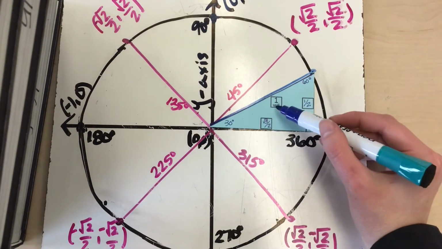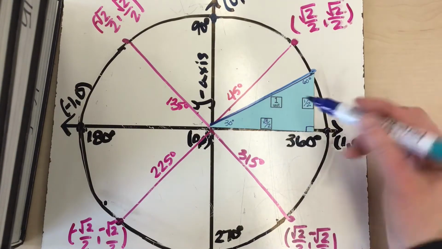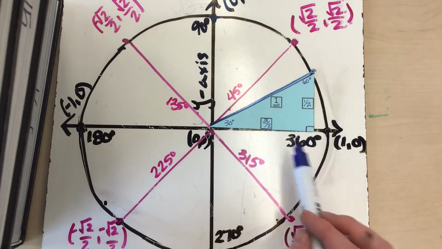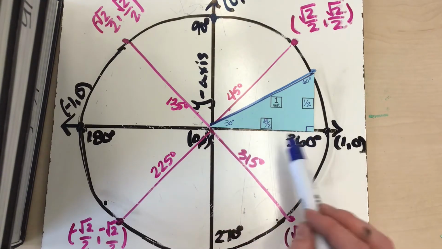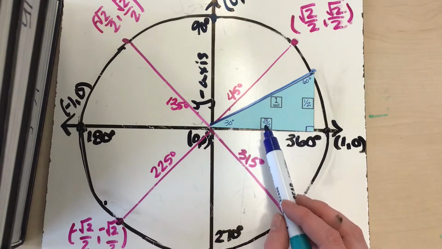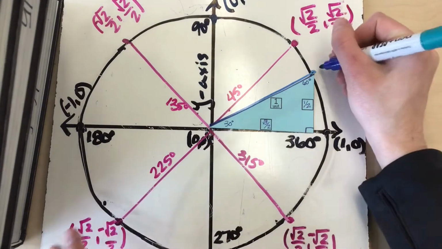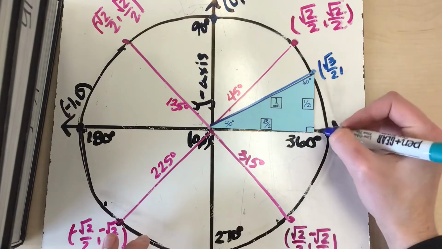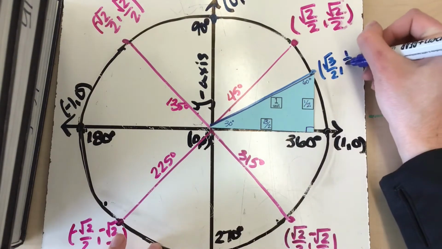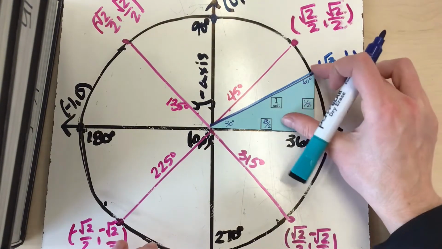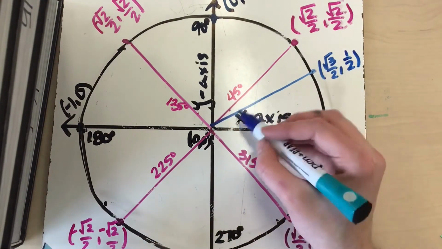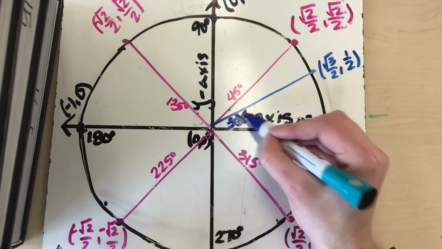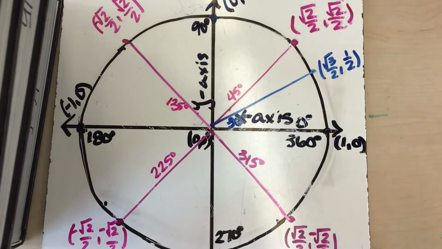Instead of 2 being our hypotenuse, it's now 1. So we go over the long leg, which we know has a unit of square root of 3 over 2. So that is our x, square root of 3 over 2. And then we come up 1/2. Now we said this was our 30 degrees. So we have 30 degrees right there.